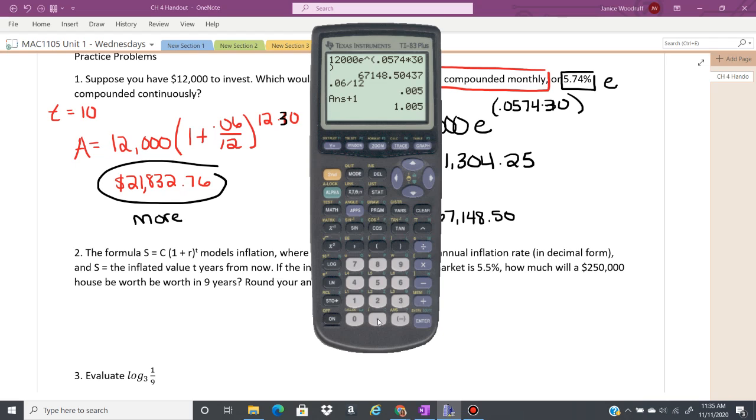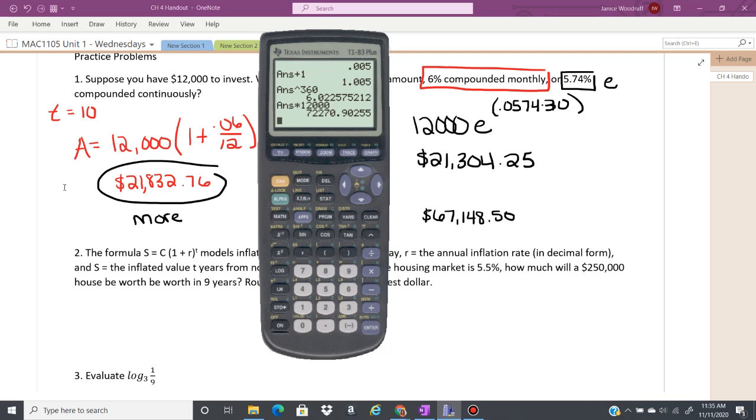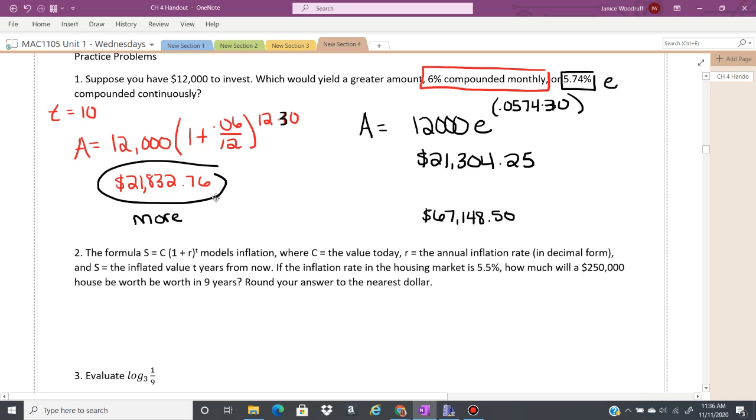And I'm going to raise that to the 12 times 30, which should be 360. And then I'm going to multiply that by 12,000. That's still much more than this. Okay, so the higher interest rate is still going to play out. So you just want to run it through 2 scenarios of time to make sure that one of them doesn't surpass the other. So the change in interest rate is enough of a difference where the monthly compounding is going to be higher.